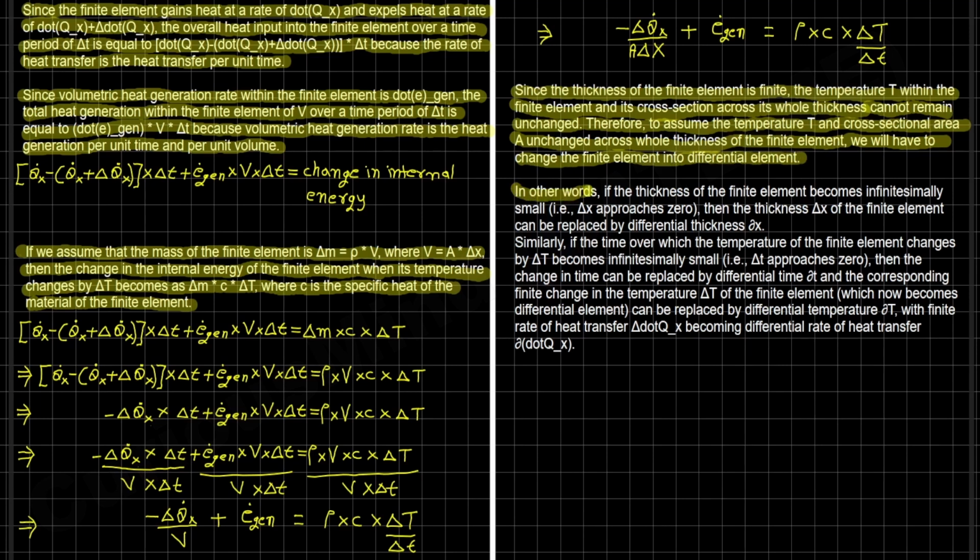In other words, if the thickness of the finite element becomes infinitesimally small, that is delta x approaches 0, then the thickness delta x of the finite element can be replaced by differential thickness del x.